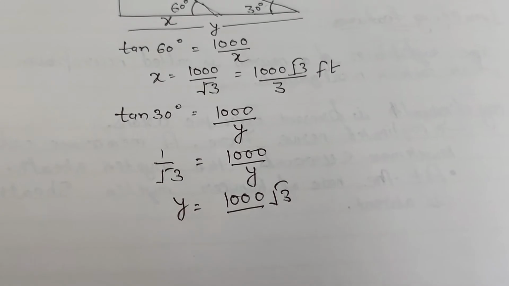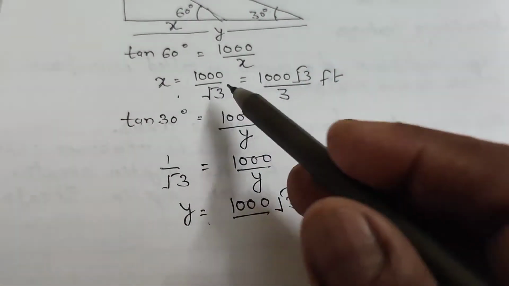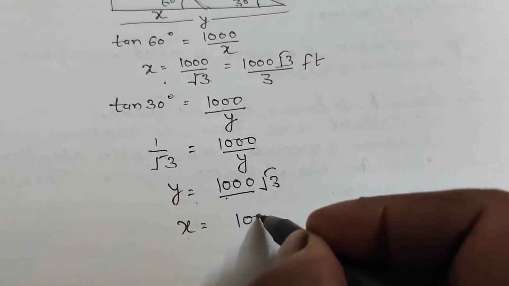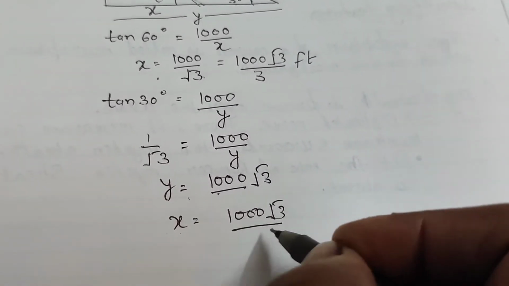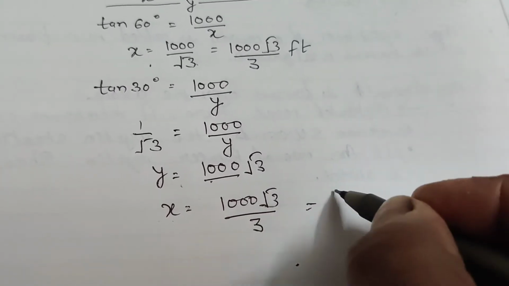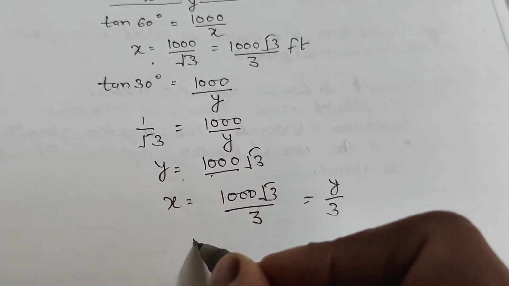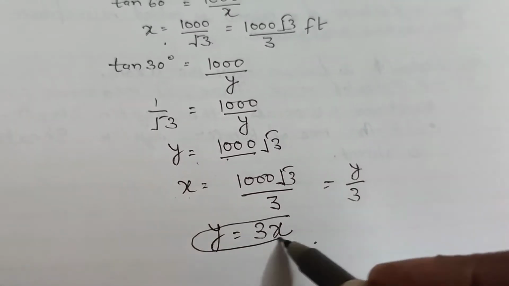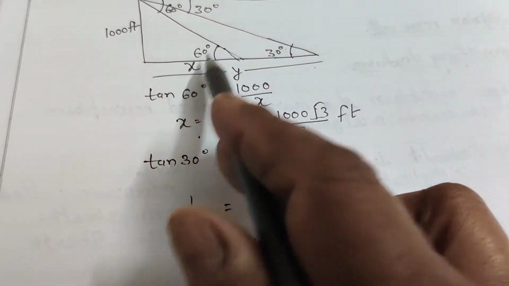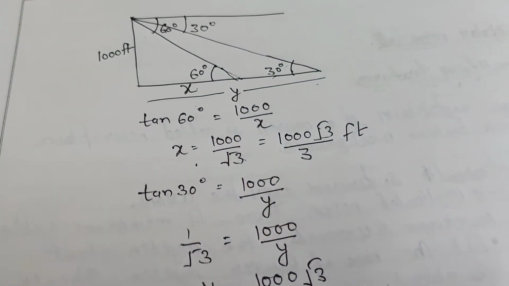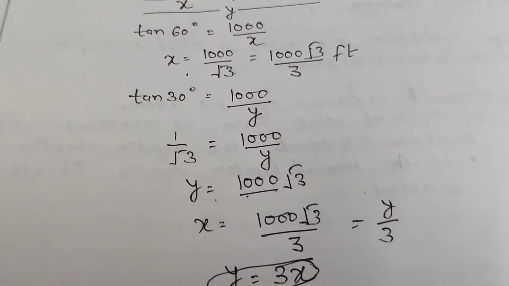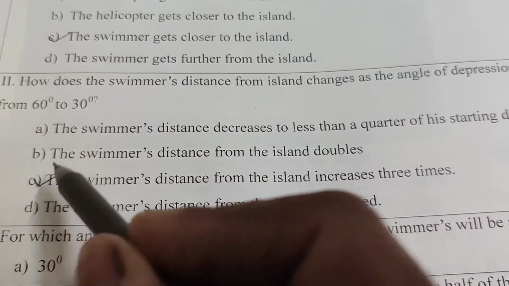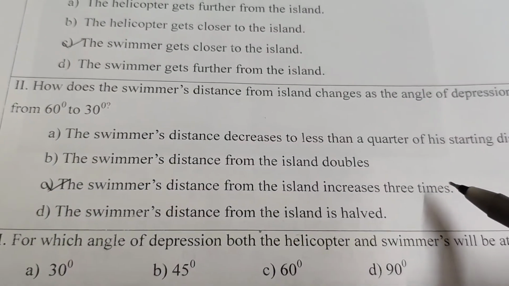Now what is the relation between x and y? If x equals 1000 root 3 by 3, then y equals 3x. This distance is triple this one. The right option is C: the swimmer's distance from the island increases 3 times.